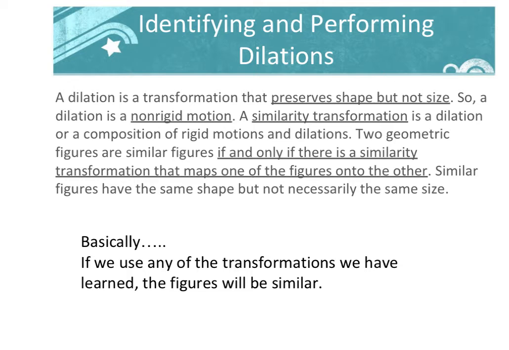Similar figures have the same shape, but not necessarily the same size. Basically, if we use any of the transformations we have learned, the figures will be similar. So any of the ones, dilations, rotations, reflections, or translations, those 2 images will be similar.